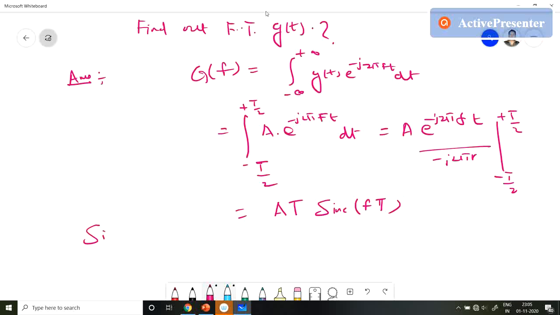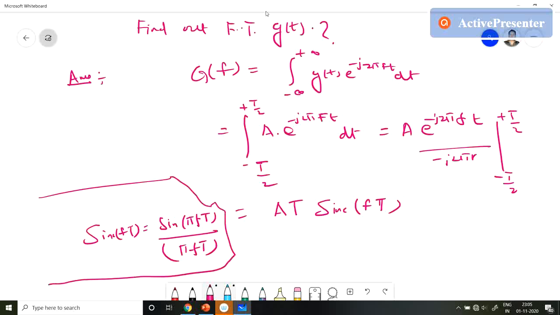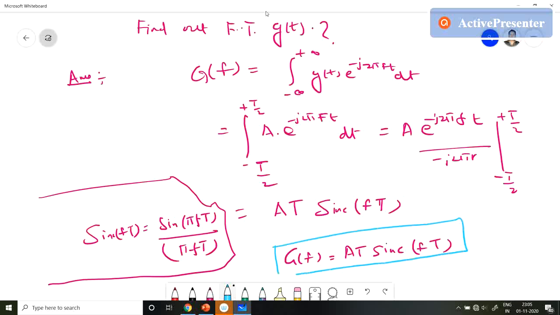And what is sinc(fT)? Sinc(fT) is equal to sin(pi fT) divided by pi fT. So G(f) is equal to AT sinc(fT).